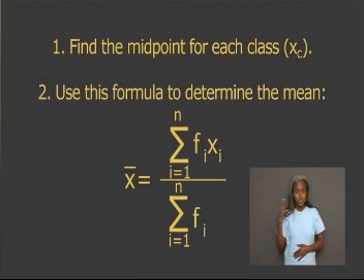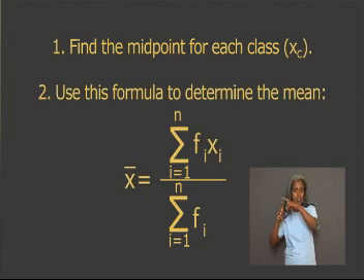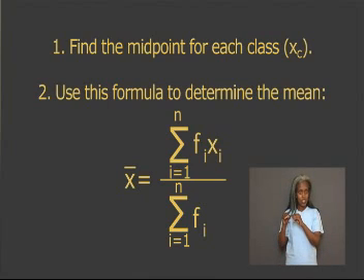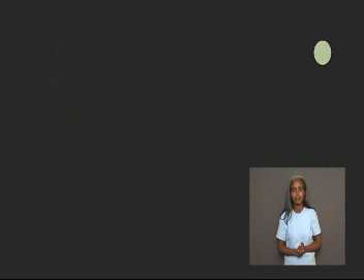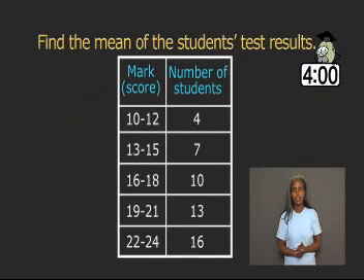Then use this formula to find the value of x bar. Are you ready, students? Go ahead and find the mean now, and I will see you again in a few minutes. Students, let's get ready. Begin.